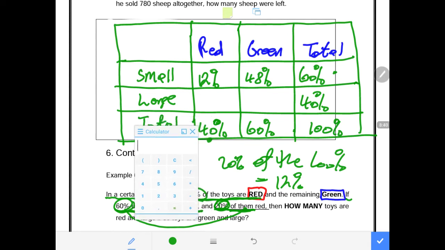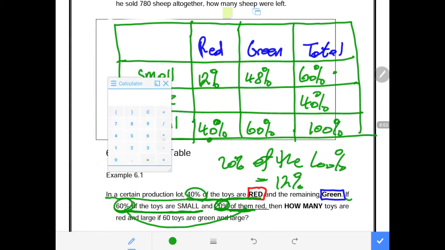At the same time, we could have said 60 minus 48, that was going to give us 12. Very easy. We could have done that without having to say 80%. That would still have been an easy way. And remember, 60 minus 12 will give us the 48% that are green.